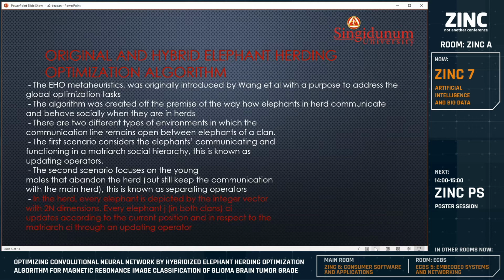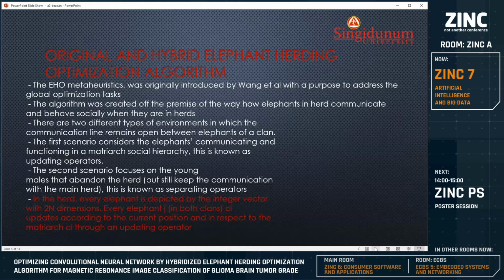Since it emerged, the EHO has been practically implemented in several ways, for example, static drone placement problems or node localization in WSNs. But in this case, now it's multi-level image thresholding.